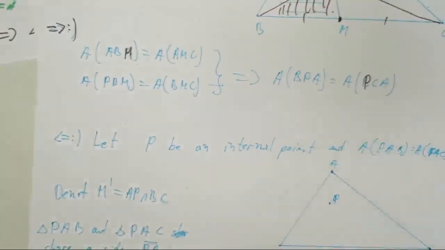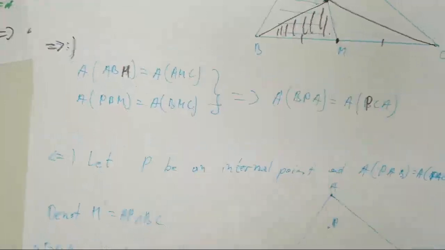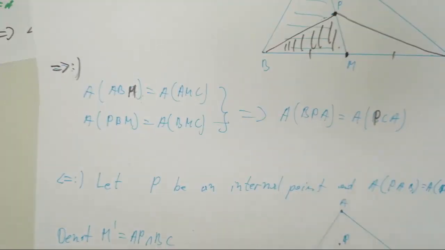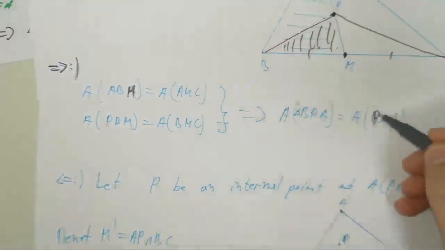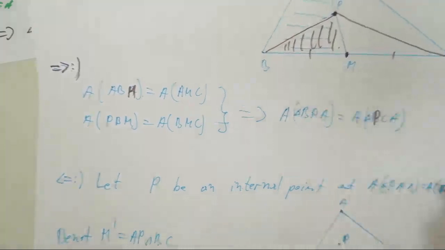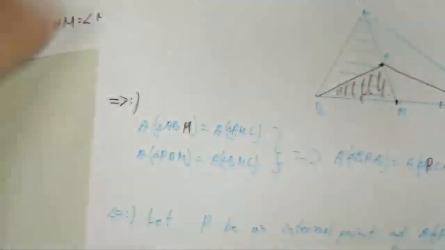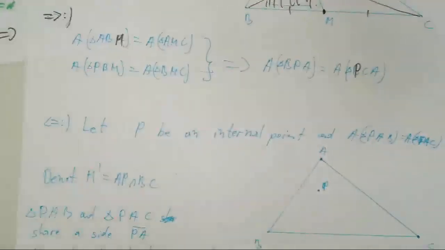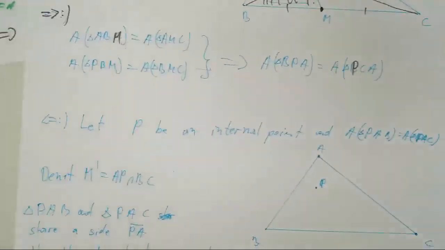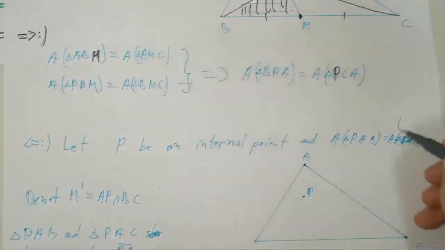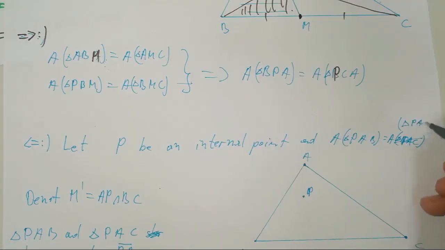Let P be an internal point and the area of the triangle PAB equal to the area of PAC.